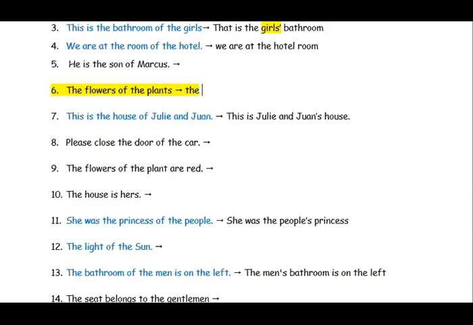The answer is the plants' flowers. In this case, we know that there are many plants because we have put an apostrophe after the word. But if we put an apostrophe before, then that means that there's only one plant. But we know that there are many plants, so the apostrophe goes after the S.